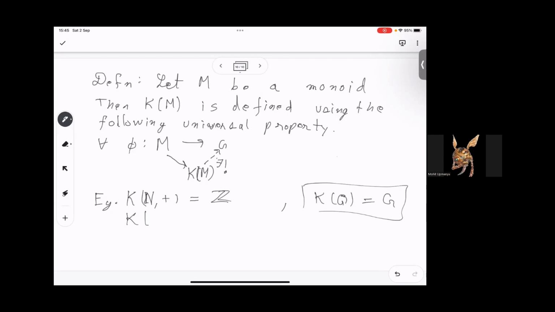The K group of a ring with multiplication is 0, right? The K group of natural numbers with multiplication is also 0, and the reason they are 0 is because 0 exists. 0 is a very bad element for multiplication, which basically, when we turn things into K groups, kills everything and compresses everything into 0.